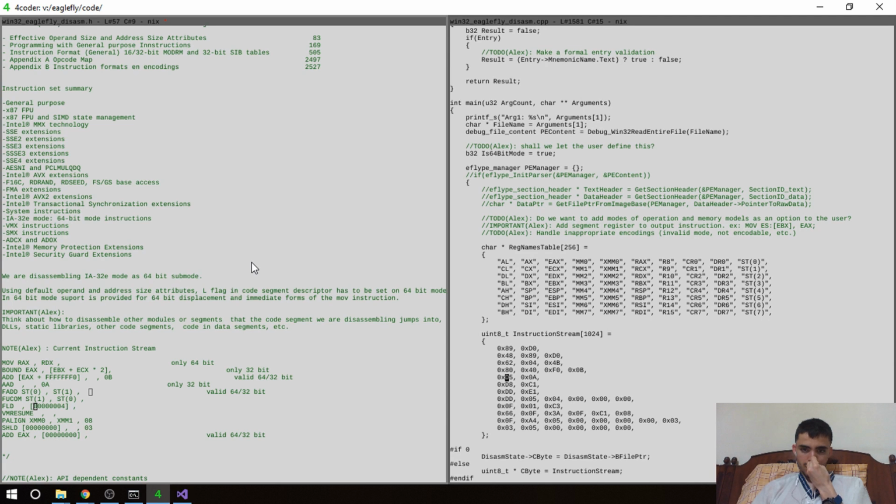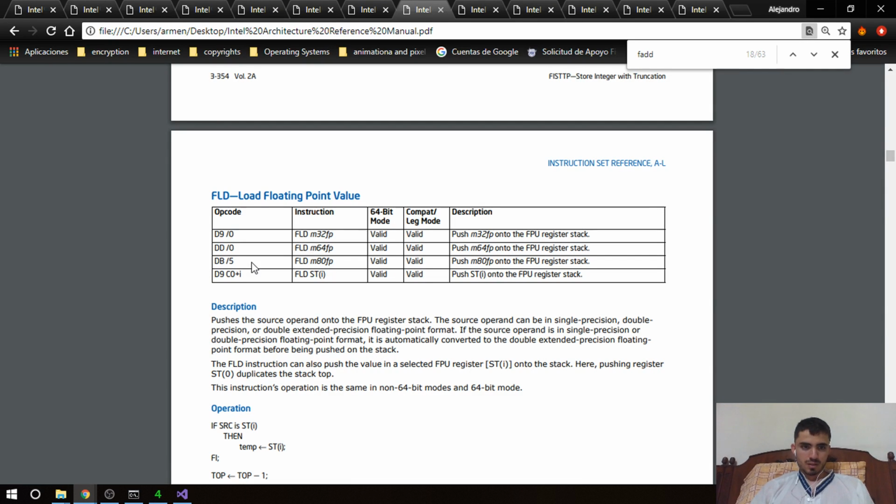D5 is not a floating point instruction. DD it is. So yeah, it's this one, isn't it? Yeah, because this is the loading thing. So it's DD05, which is the extended opcode thing.